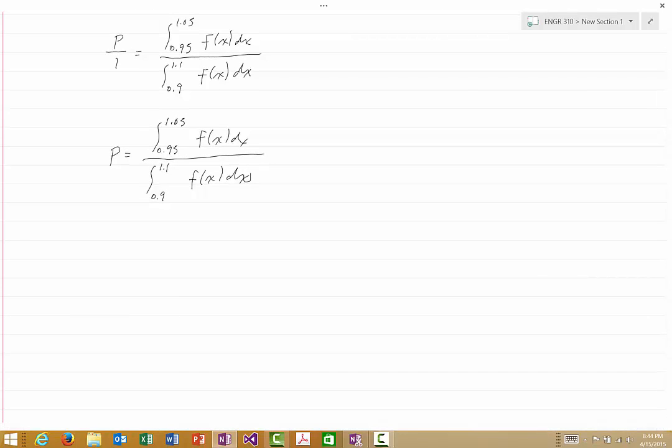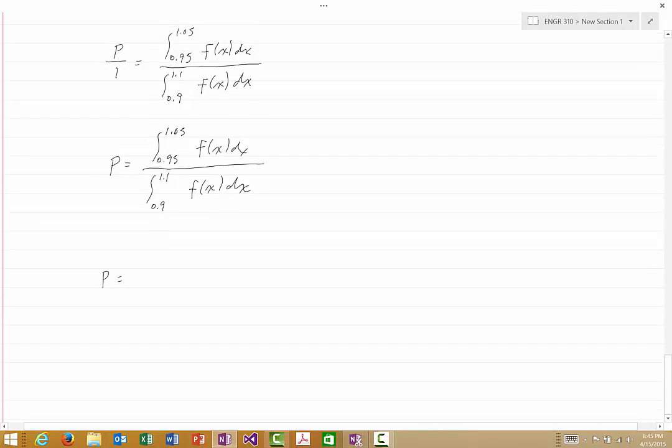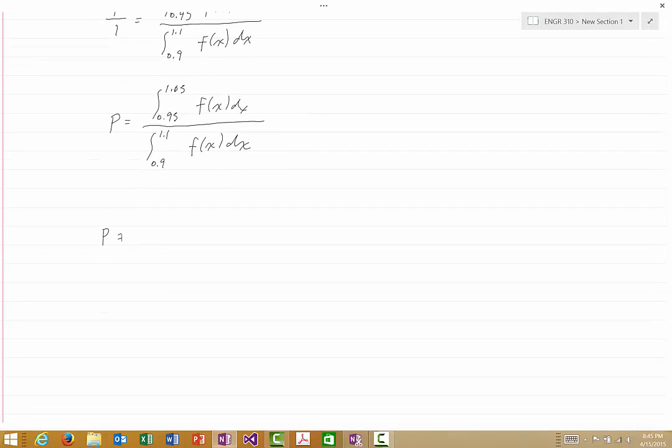And now if we substitute in the expressions for f of x, remember f of x is just kx, so we have the integral from 0.95 to 1.05 of kx dx divided by the integral from 0.9 to 1.1 of kx dx. Remember that k is a constant, so it could be pulled out of both integrals.